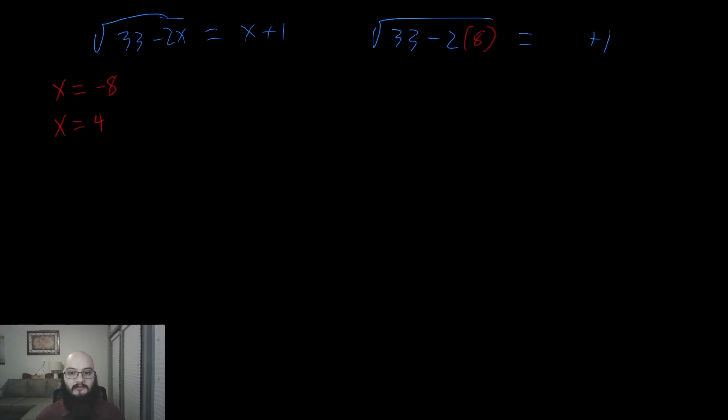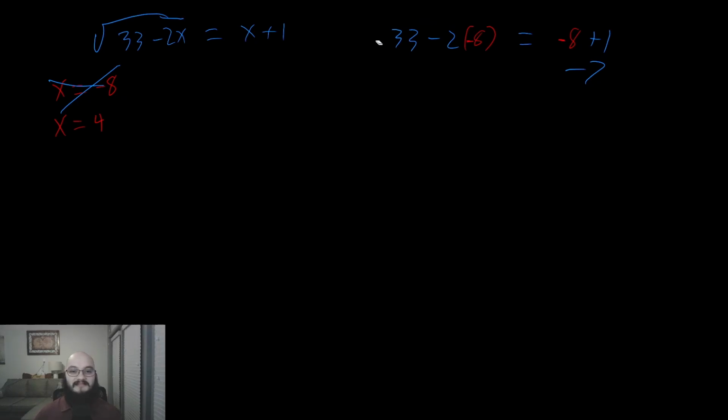Oh, I'm so sorry. These are negative 8s. That is going to make a huge difference. We don't even have to go very far in here. Negative 8 plus 1 will be a negative 7. And we cannot have a square root set equal to a negative number. So we know for a fact that this is an extraneous solution and will not work.